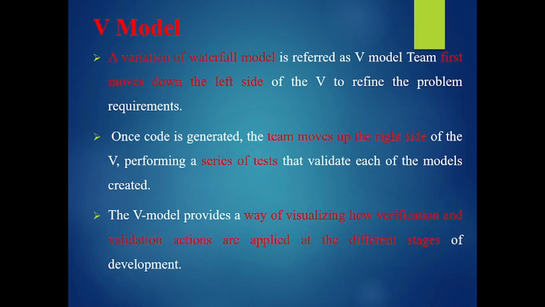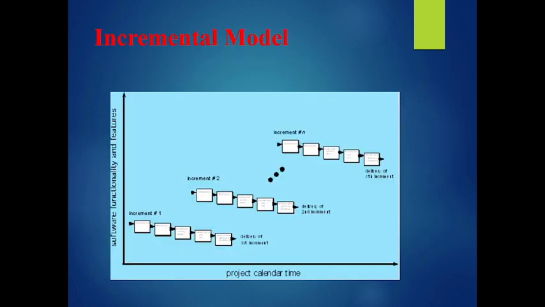Once the code is generated, the team moves up the right side of the V, performing a series of tests that validate each of the models created. The V model provides a way of visualizing how verification and validation actions are applied at the different stages of development.